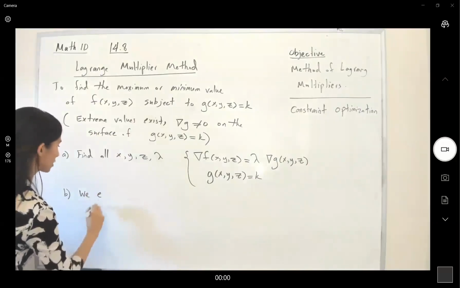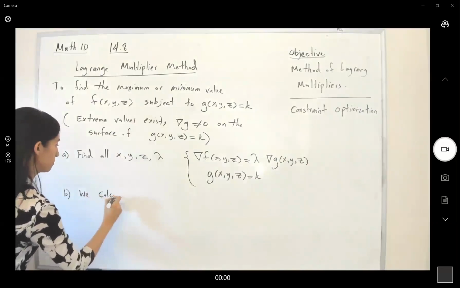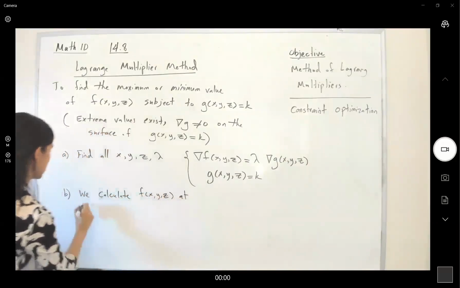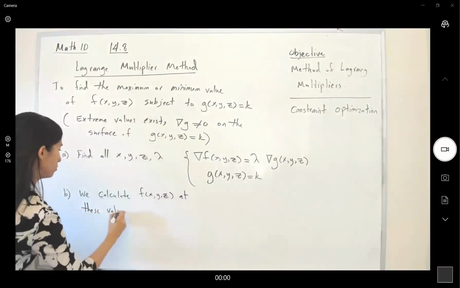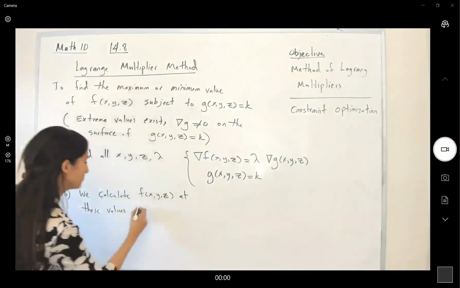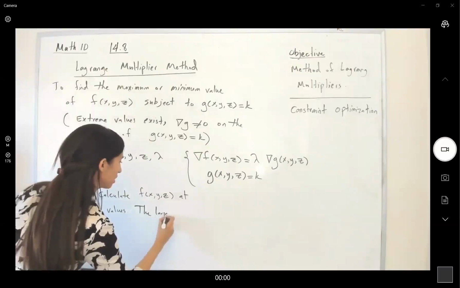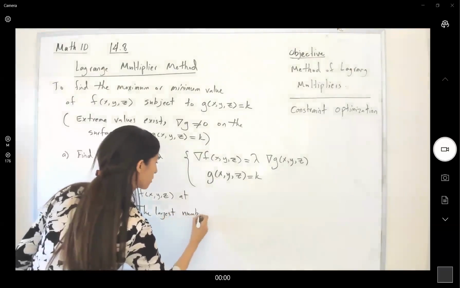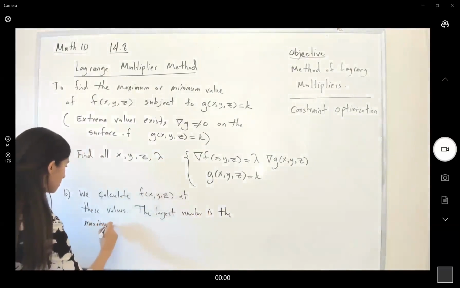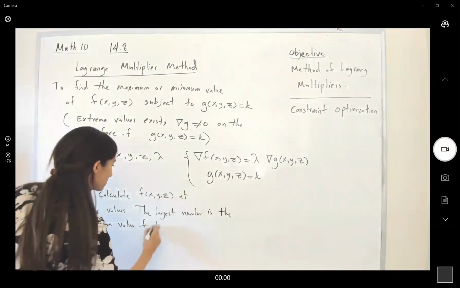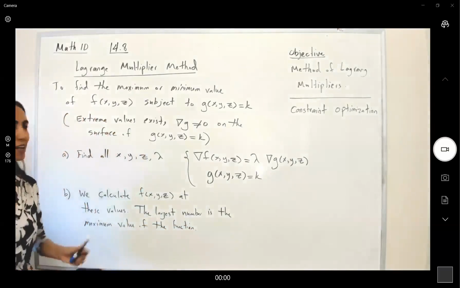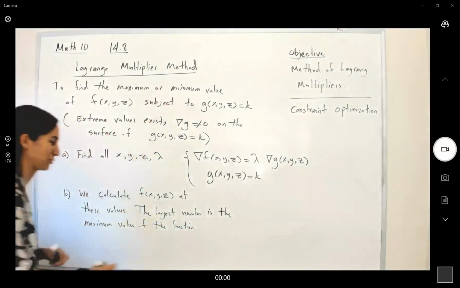We calculate the function f of x, y, z at these values. The largest value is the maximum value of the function, and the smallest value is the minimum value for the function f.